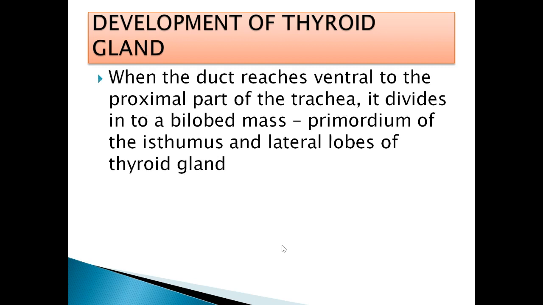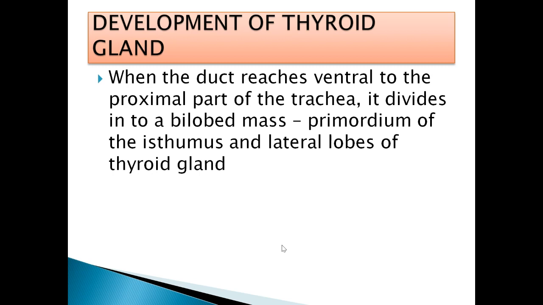When the duct reaches ventral to the proximal part of the trachea, it divides into a bilobed mass. So the thyroid gland structure you should be knowing, I think, will be consisting of the median part called as the isthmus and the lobes on either side. So that will be given by this thyroglossal duct.